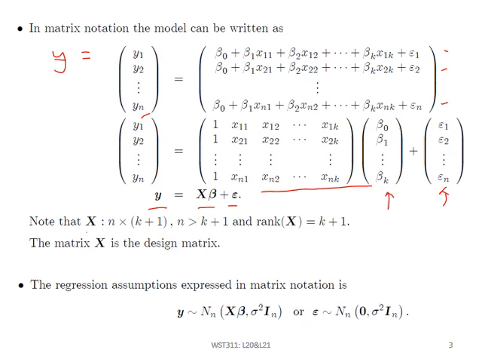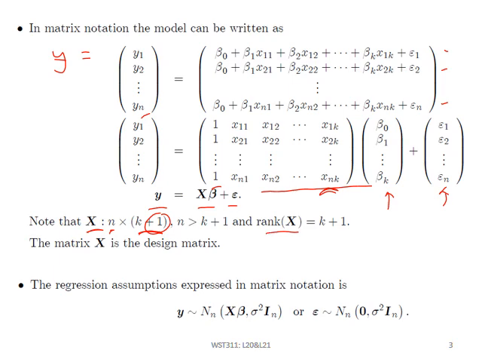Note that the matrix X has dimensions n observations by k plus 1 explanatory variables, where we actually have an intercept, which makes up the plus 1 over here, plus the k explanatory variables.